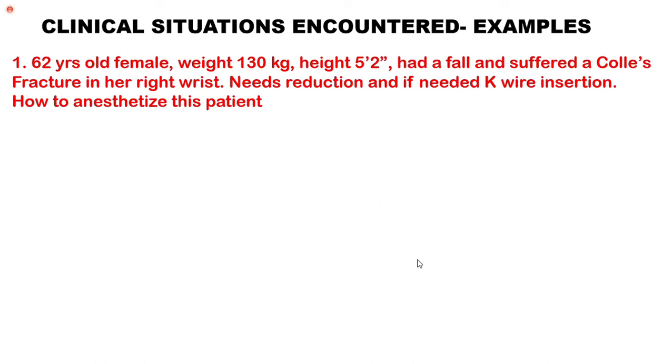So first of all, is it an emergency, a fracture in the wrist? Is it an urgent thing that you should do, whether the patient is on a full stomach or not? A wrist fracture is not a life-threatening emergency, isn't it?